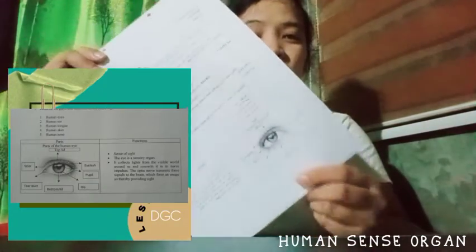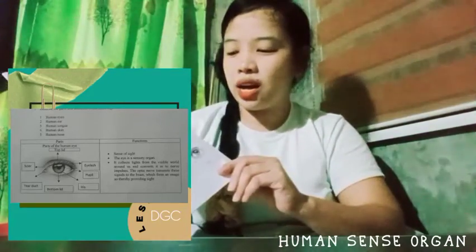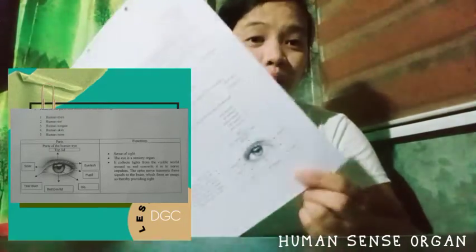The human sense organs that I chose for the activity are our five sense organs. The first one is all about the eye, the parts of the human eye.